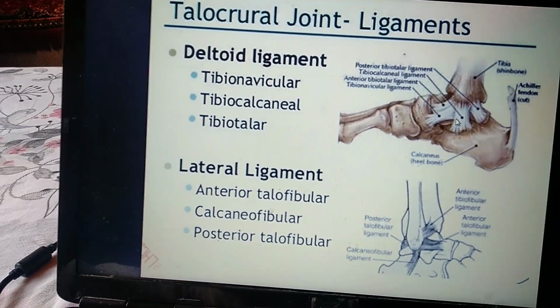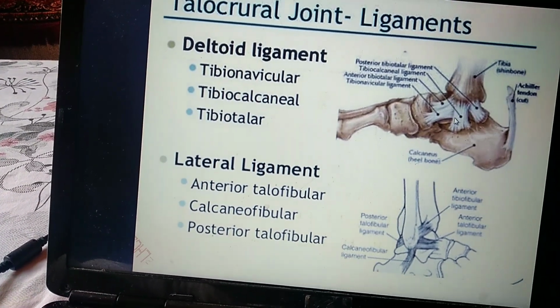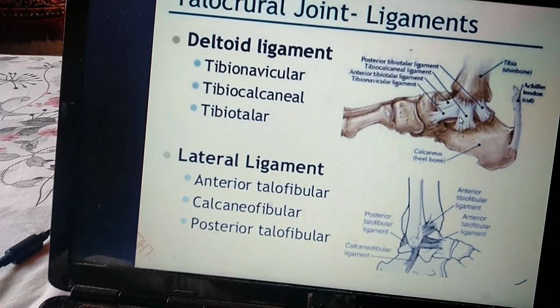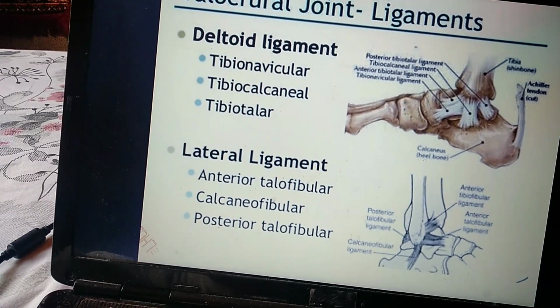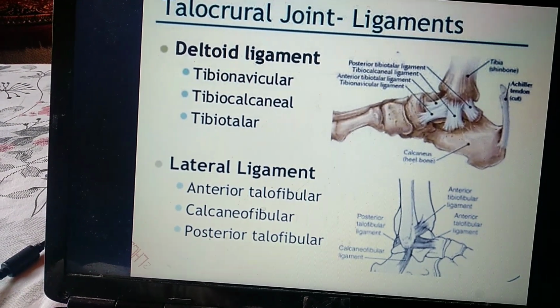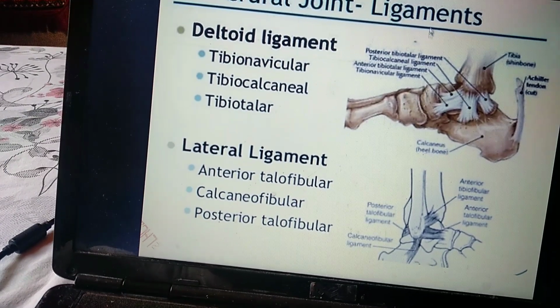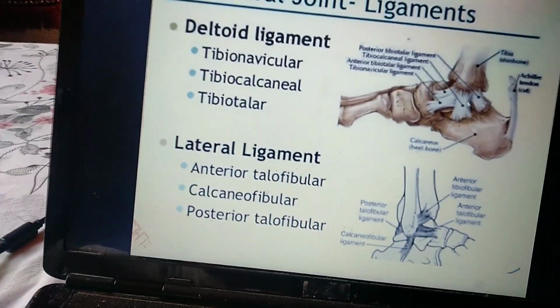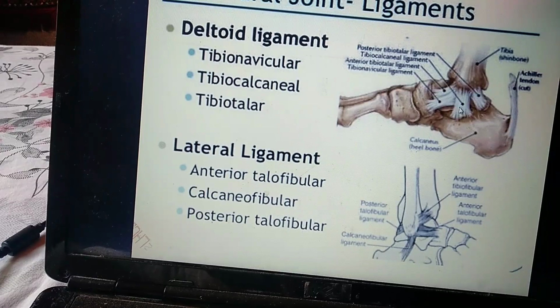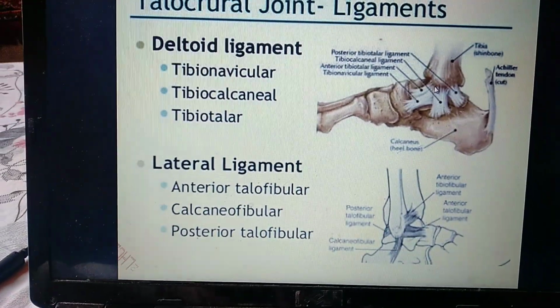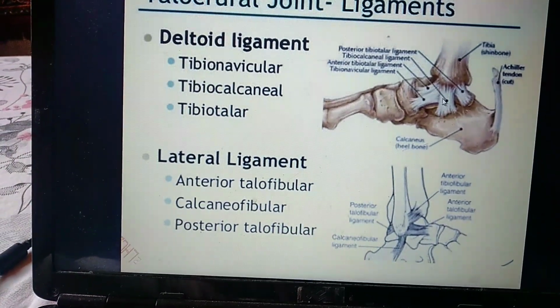It resists any force that causes over-eversion. When you do over-eversion, the ligaments on the medial side will become stretched and will prevent unchecked and undue eversion.